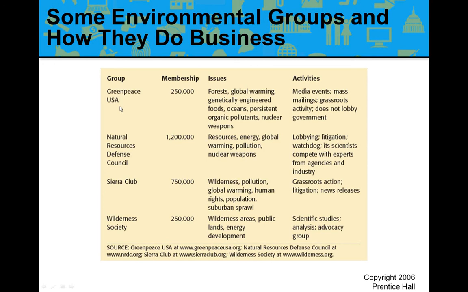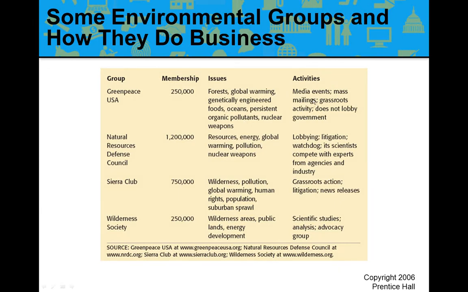They have a boat that they try to put in the middle of situations to protest what's going on. Their issues deal with global warming, genetically engineered food, also referred to as genetically modified food. So if you hear GMO, that's genetically modified organisms. They also deal with oceans, pollutants and nuclear weapons. These are the kinds of things that they do.